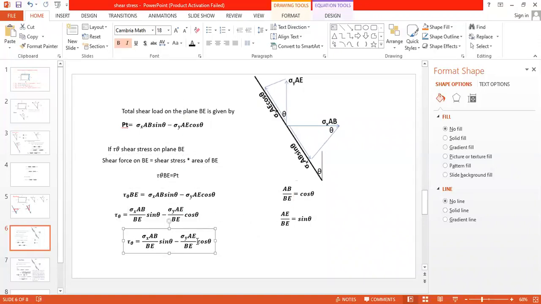Sigma x, okay, I will write here sigma x cos theta sin theta. Next sigma y, and this I am going to replace by sin theta.